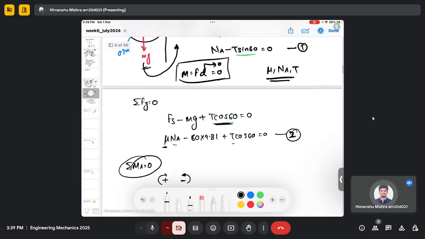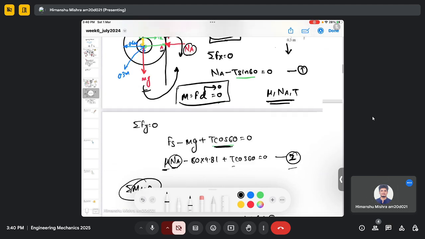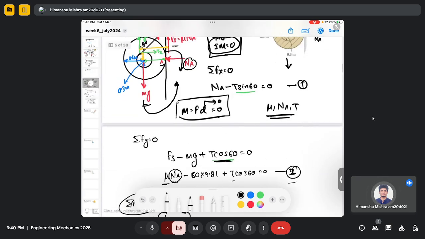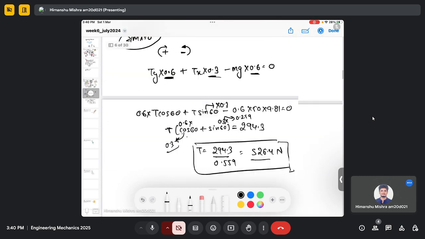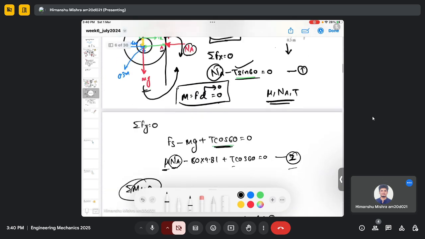Then we cannot use equation 2 because here mu and Na are unknown. We still cannot calculate mu because we need to know Na. So we can use equation 1 here because we already found T. Now we can actually find Na. From equation 1, Na equals T sin 60.